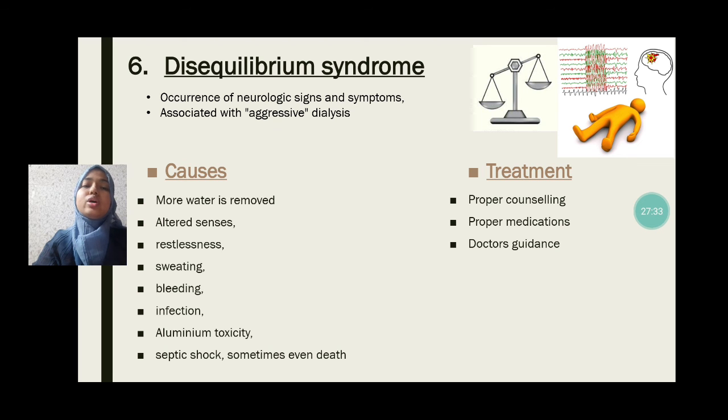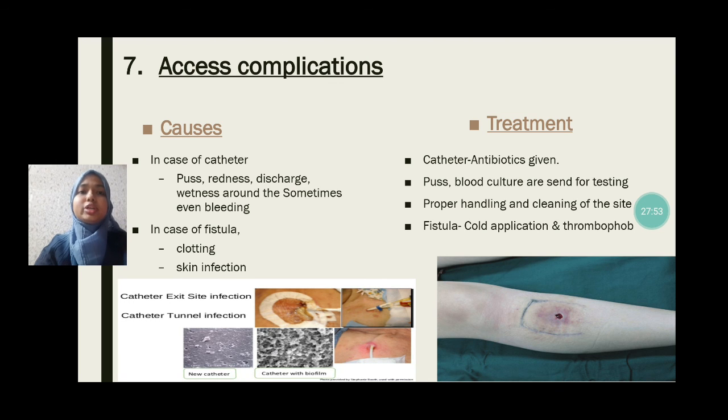How we treat? Before going on to dialysis, the patient should be properly counseled about what dialysis is all about. Okay, and proper medications and the doctor's guidance should be given to the patient. With everything, then only a patient will be taken for dialysis. Access complication.